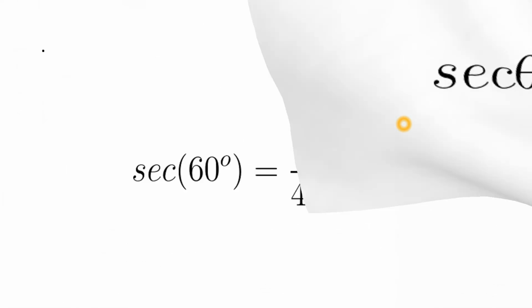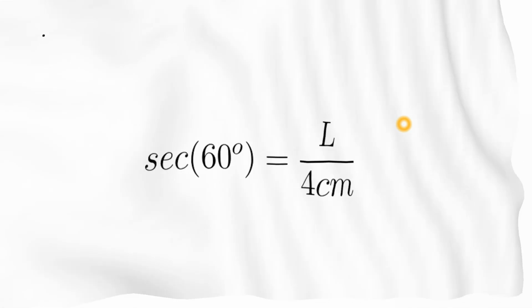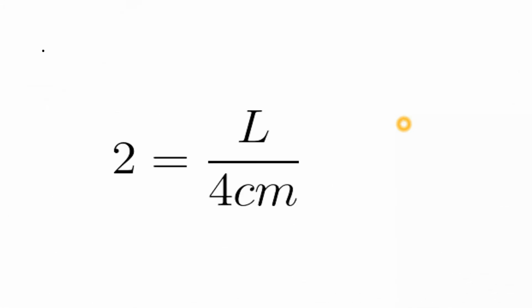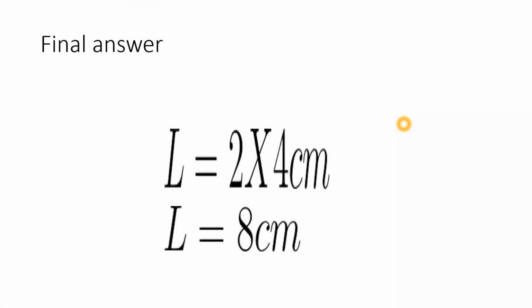From here you put the values. Sec 60 degree is equal to L upon 4 centimeter. Sec 60 we know is 2, so 2 equals L upon 4 centimeter, and if we multiply by 4 here, we get L is equal to 8 centimeter.